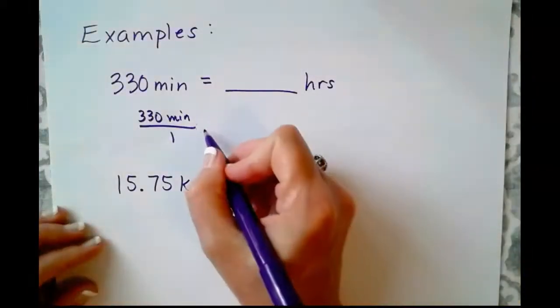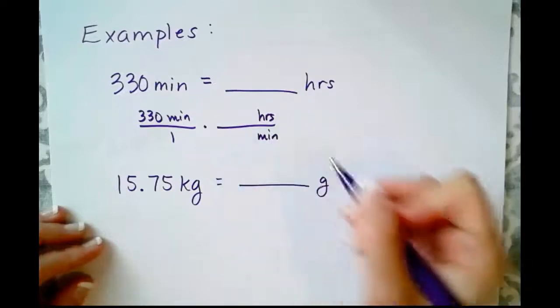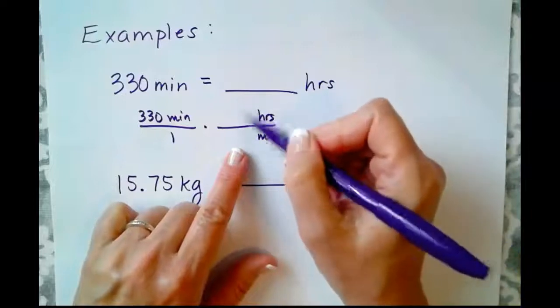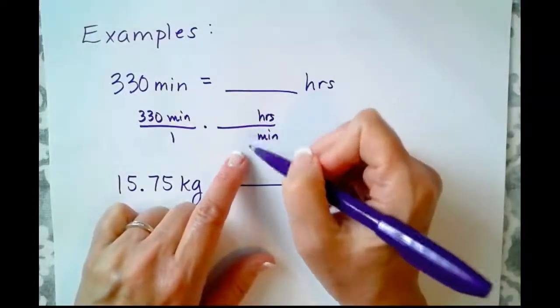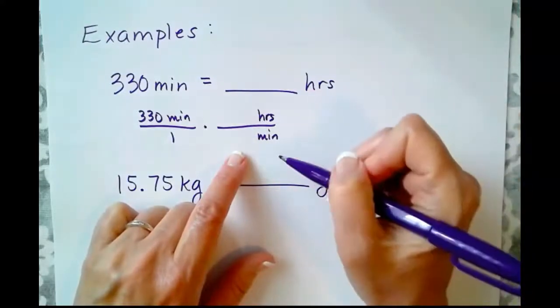I want hours. So if I need hours on the top and minutes on the bottom, and I need this particular unit multiplier, also known as a conversion factor, this unit multiplier has to be equal to 1. So what do I know about hours and minutes?